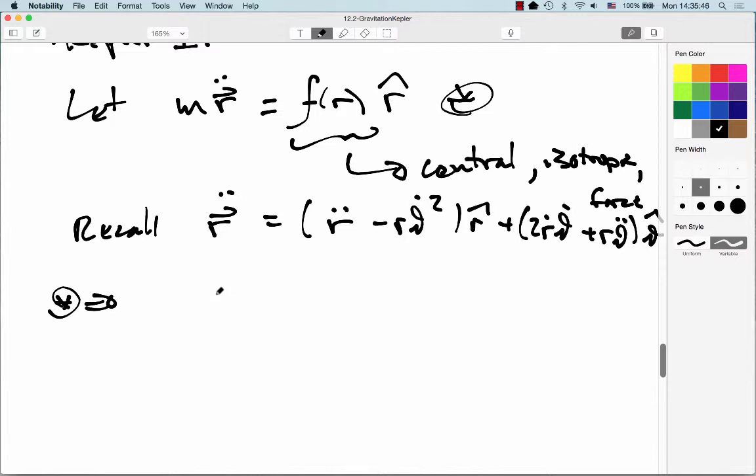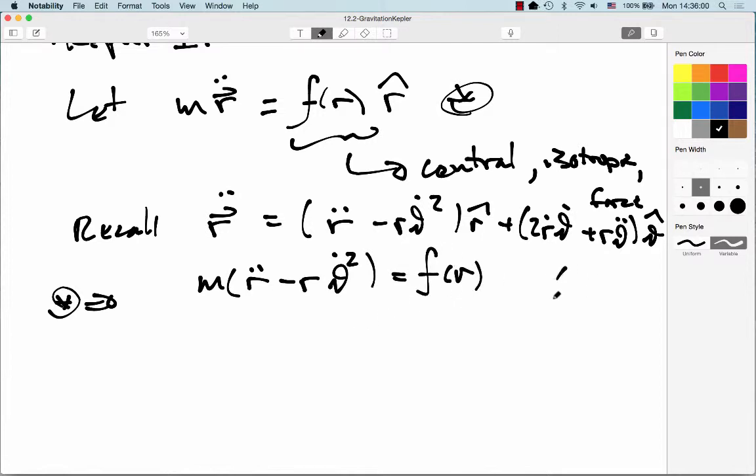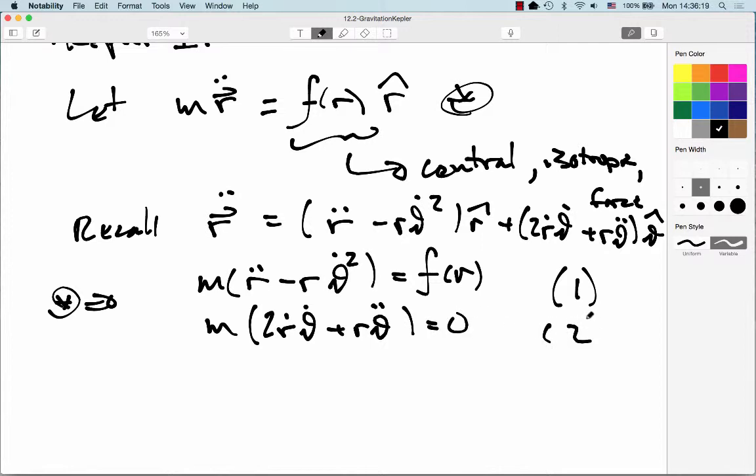So equating the r components gives us m times r double dot minus r theta dot squared equals our f of r. That's equation 1. And then the theta hat components give m times 2 r dot theta dot plus r theta double dot equals 0. So that's equation 2.